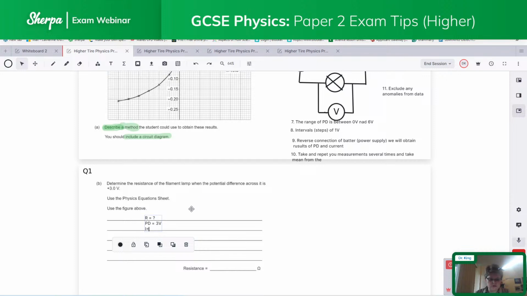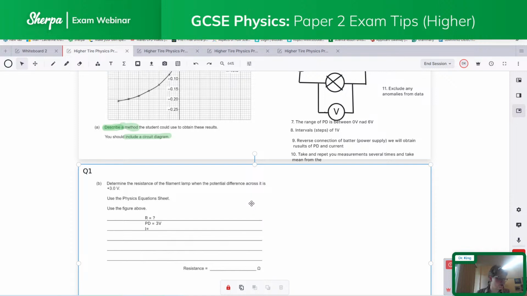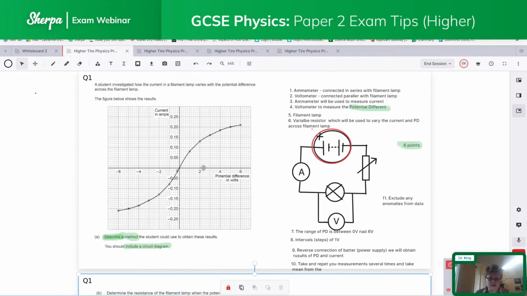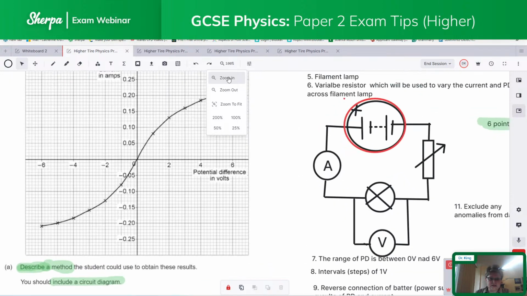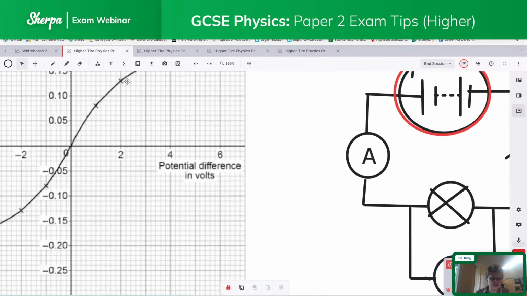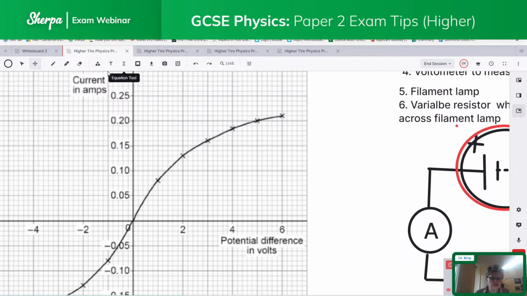So what you need to do at that point is to go to the diagram and check the value of current for 3 volts. I can zoom in a little bit so we can clearly see 3 volts. You can use the lines to make sure that you're reading the correct value of the current. So that's my 3 volts.